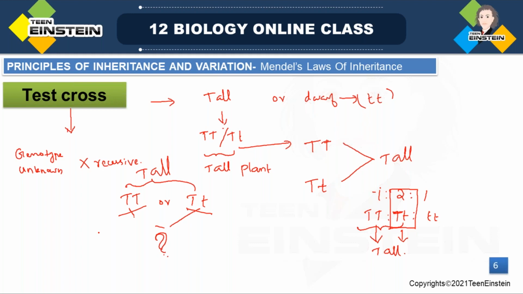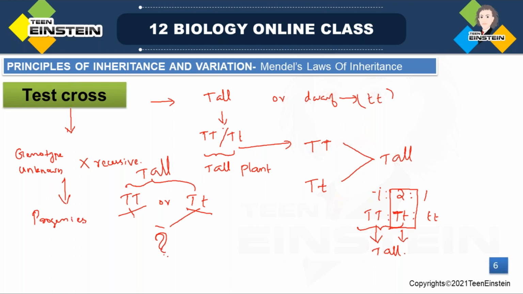Okay. Recessive parent, he didn't allow that for self-crossing. Instead of that, he allowed for crossing with the recessive parent. And here we can observe, after this crossing again progenies or next generation will be formed.